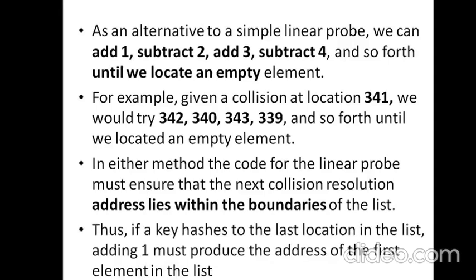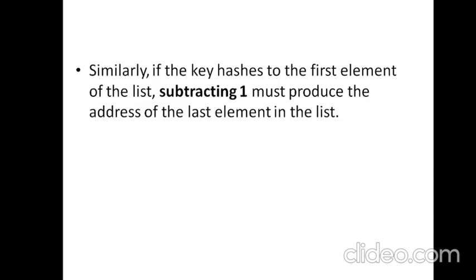Similarly, when we keep subtracting, it may go below the starting index. That is also another problem. It is just a matter of using the logic correctly so that we test within the address range of the list.